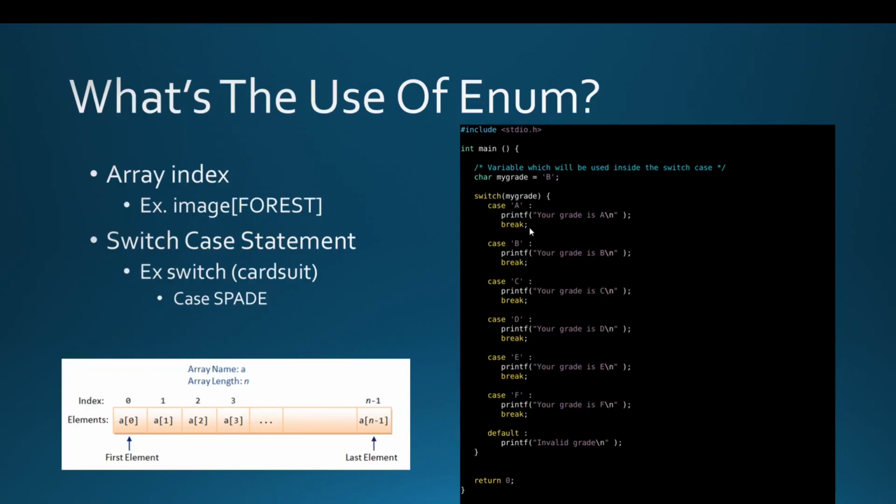relates to. So let's say switch my grade case A, B, C, D, E, F for a student's grade. Instead of putting these chars, you could just put in enum and put A, B, C without the single quote mark.